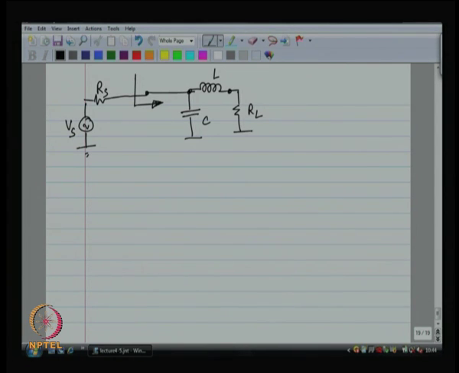Here I can transform the series combination of the inductor and R L into a parallel combination of an inductor and some other resistor. Okay.